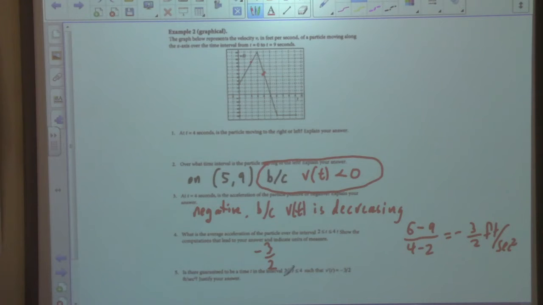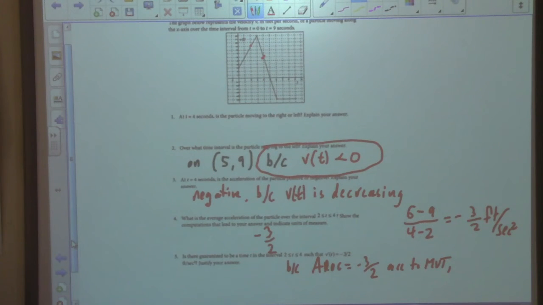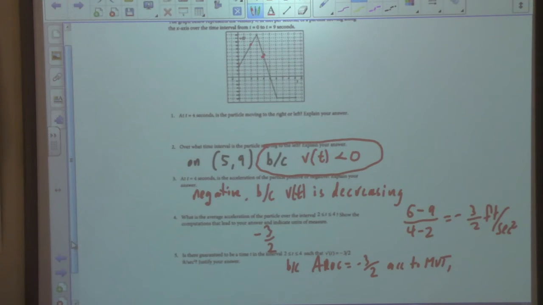Okay, Kylie just said mean value theorem, right? Because we have continuity, because average rate of change equals negative 3/2, according to mean value theorem, there must be a time that v of t equals negative 3/2 feet per second squared, right?